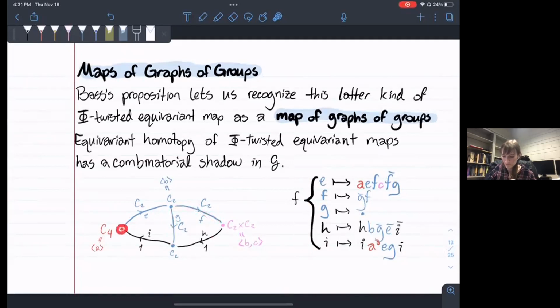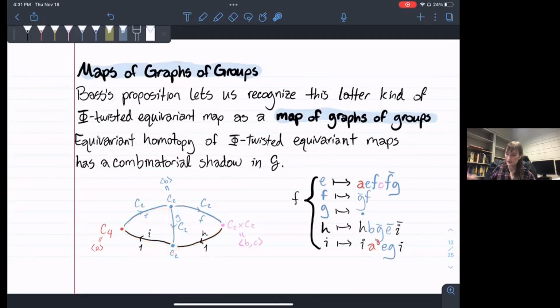So this vertex and this vertex are fixed, but this vertex here is getting mapped to this vertex here. And in fact, the whole edge G is getting collapsed to a point. It's this point. The edge H is getting mapped over the edge path H. Pick up the element B of the cyclic group of order 2, and then G bar, and then E bar, and then I bar.